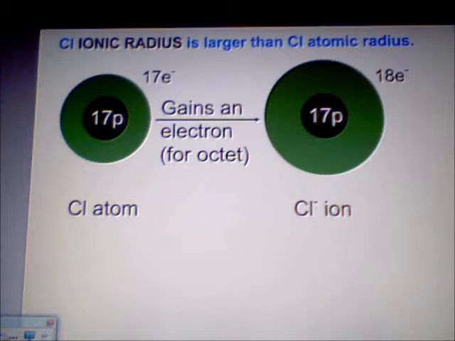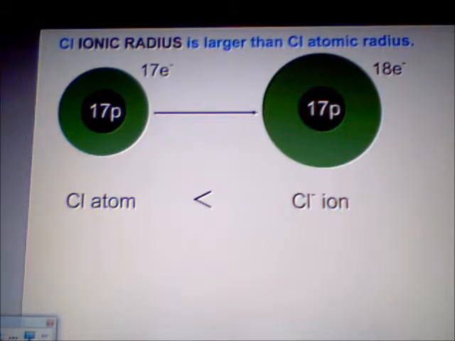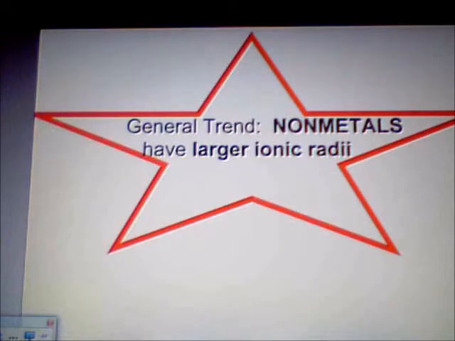And it's become larger because it has more electrons. So the general trend with nonmetals is that they will normally get a larger ionic radius because of the fact that they gain electrons.